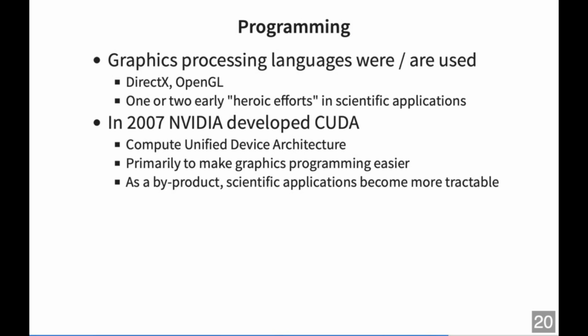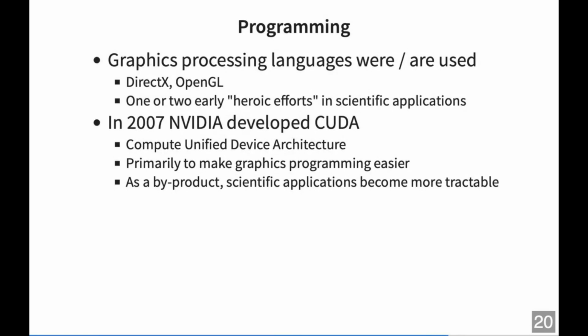However, in about 2007, NVIDIA developed an API, which is CUDA, which stands for Compute Unified Device Architecture. And NVIDIA really introduced this primarily for their business, to make the business of graphics processing easier.